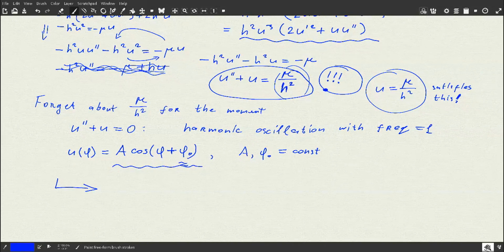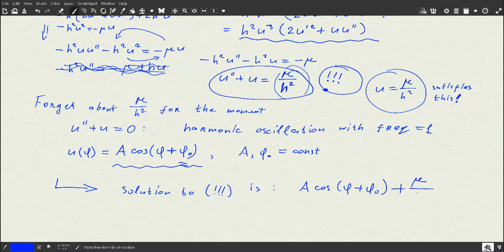So the solution is the following: A times cosine phi plus phi 0, plus this constant, mu over h squared. This is our u of phi. Why?